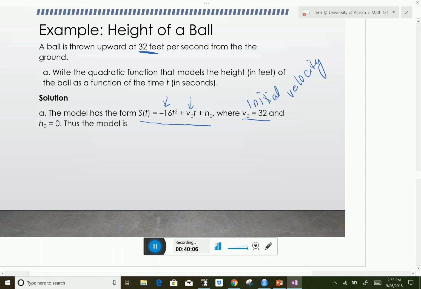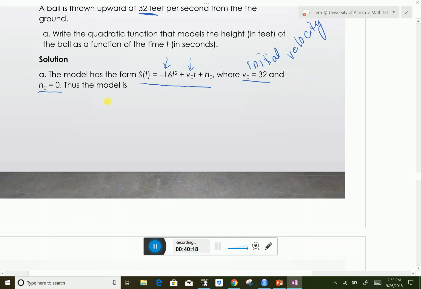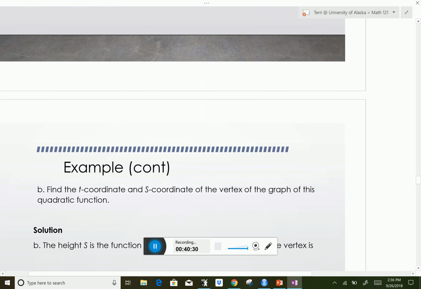And if we're throwing it from the ground, which, good luck with that. I don't know how we're throwing a ball from the ground. We must be standing in a pit. We're going to throw it right from 0. And so our model becomes S of t is -16t squared plus 32t. This goes to 0. So that's all we have there.